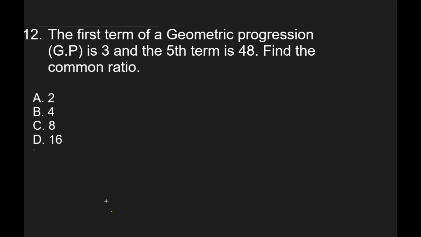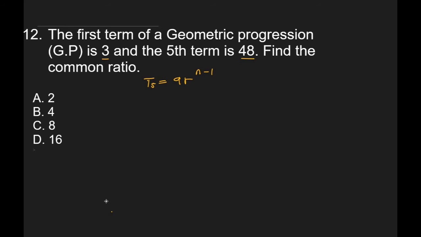So we have a geometric progression where we are given the first term as 3 and then the fifth term as 48. Remember, the nth term, or the fifth term, T5, should be equal to the first term times the common ratio to the power of the nth term minus 1.